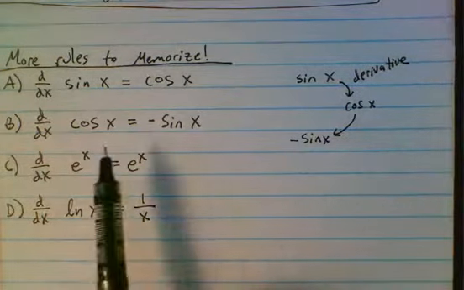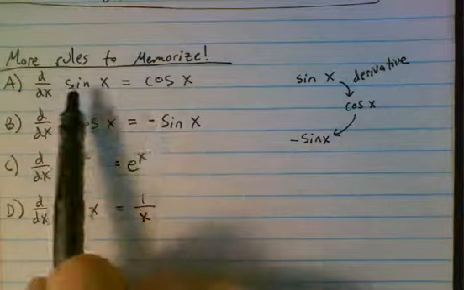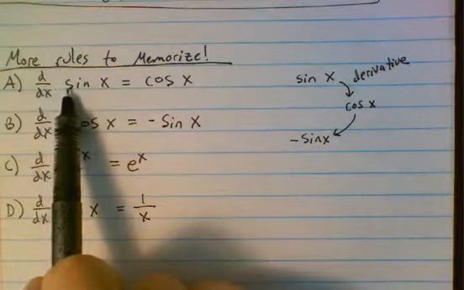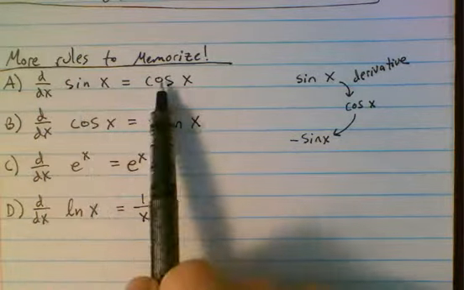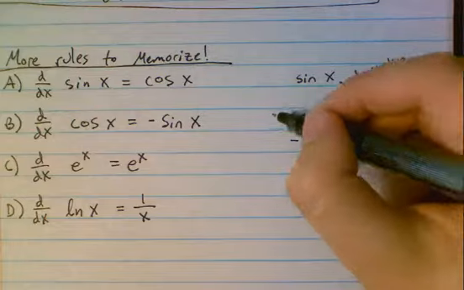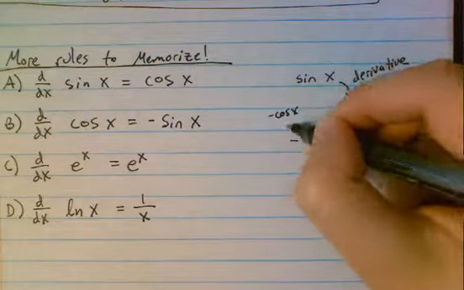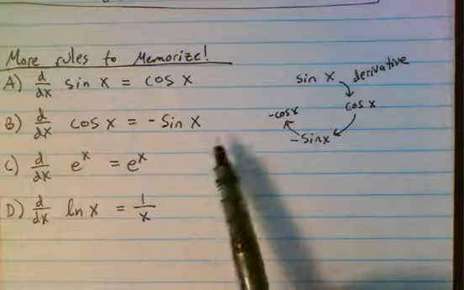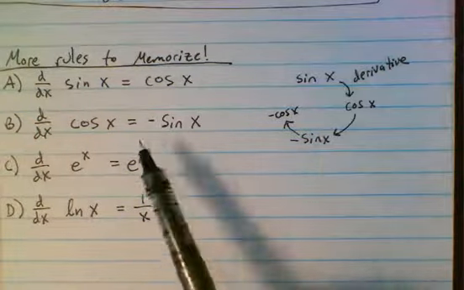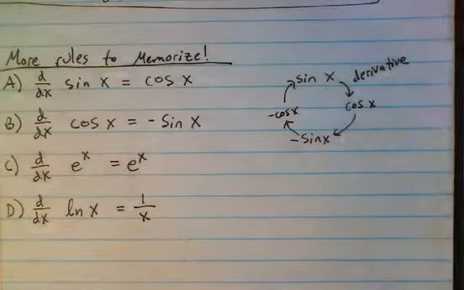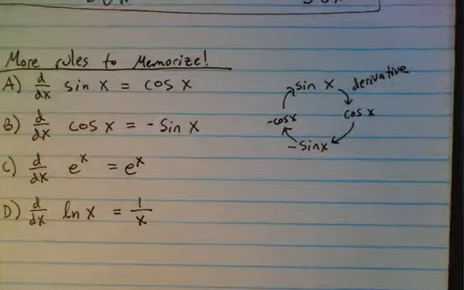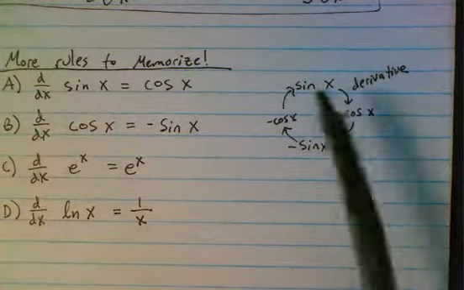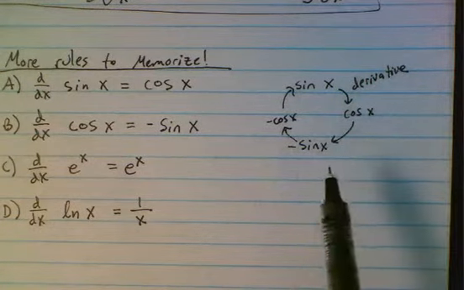Now, if you just think of this negative as along for the ride, when we take the derivative of negative sine of x, it's going to go back to being cosine with a little negative in front. And same thing here, if there's a negative in front, then when we get negative sine of x for the derivative, we're going to multiply by -1, bringing us back in a full circle. So if you remember this, that's going to really help you out.